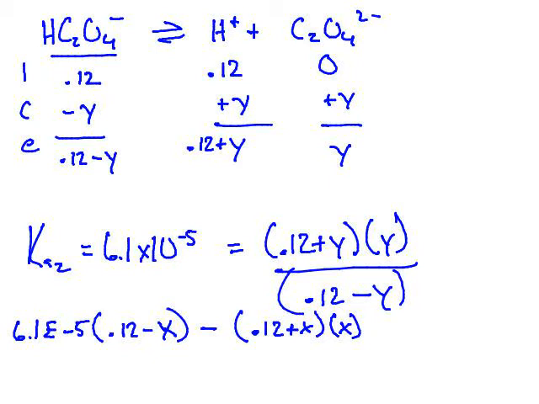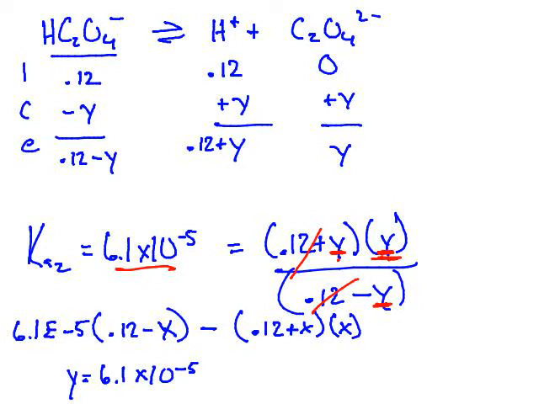And this is a very small number, and I think I'm going to get 6.1. That's what I thought. y equals 6.1 times 10 to the minus 5. You say, huh? How'd that work out? Well, it turns out the y here is a very small number. So if y is really itty-bitty, then the 0.12's essentially cancel, and then the Ka2 is equal to y.